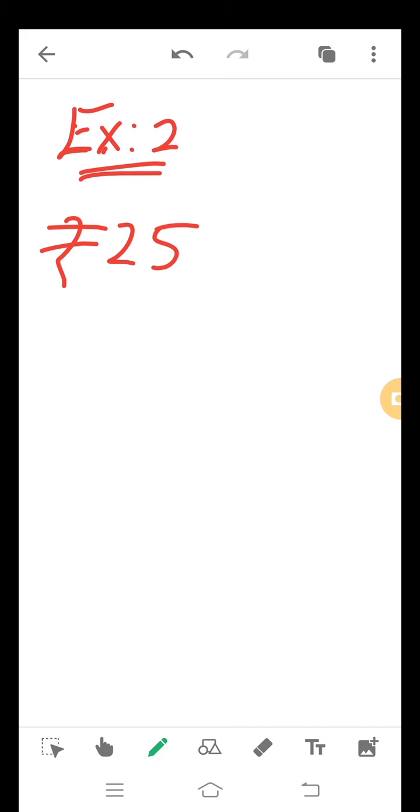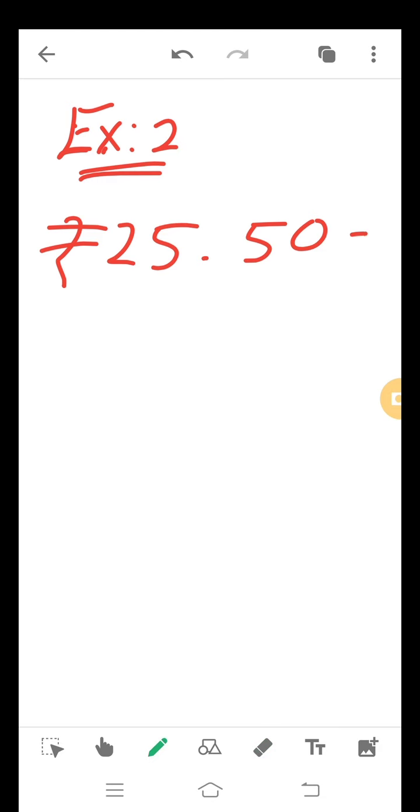Okay, let's see one more example. Example 2. The question is: 25 rupees 50 paise equals how many paise? This is your question. Now you have to convert this into paise.